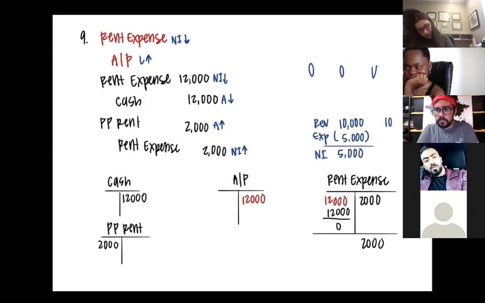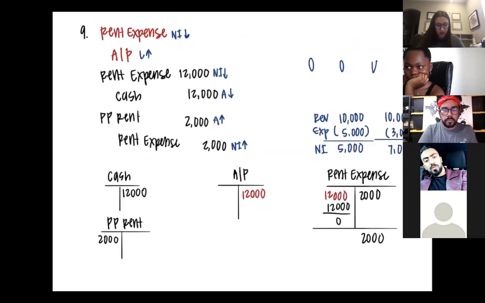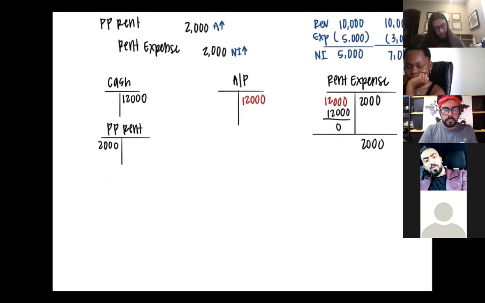So now I'm only taking away 3,000. So my net income is going to be 7. So that's why this compared to this is understated. Everyone good on this one? Okay. Number 10.